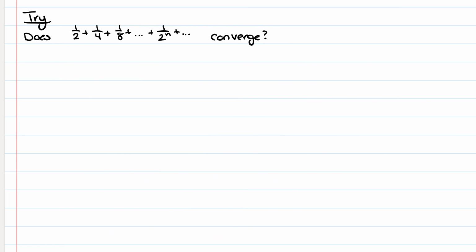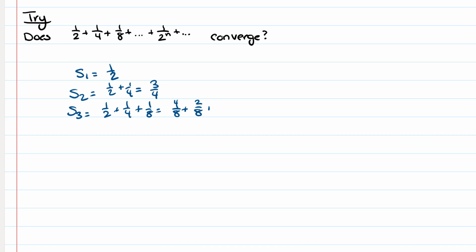Alright, so let's go ahead and see if it does converge or diverge. The sum of the first one is 1/2. Then the sum of the first two is 1/2 plus 1/4, which is 3/4. The first three is 1/2 plus 1/4 plus 1/8, which if we combine fractions, we get 4/8 plus 2/8 plus 1/8, which gives me 7/8.